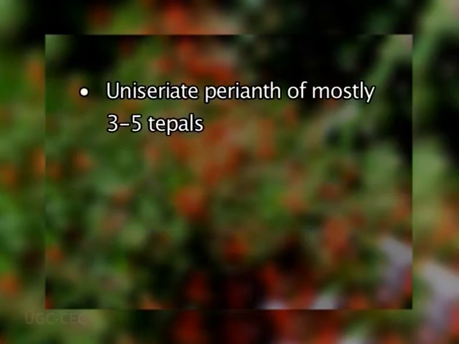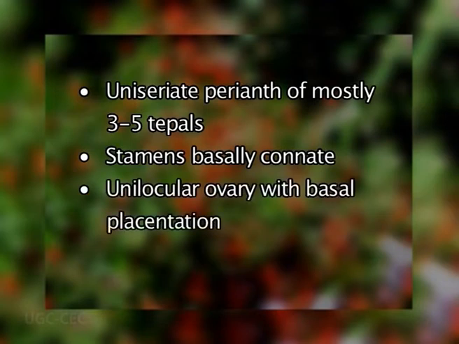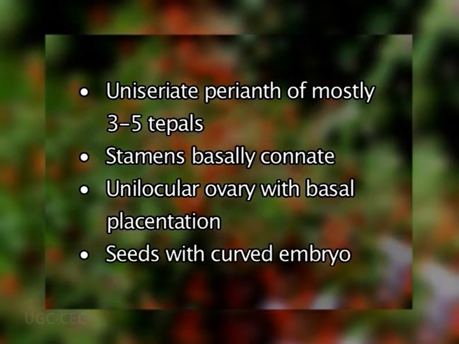The perianth is uniseriate and comprised of mostly 3 to 5 tepals. Stamens are basally connate. The ovary is unilocular and shows a basal placentation, and seeds are characteristically having curved embryos.